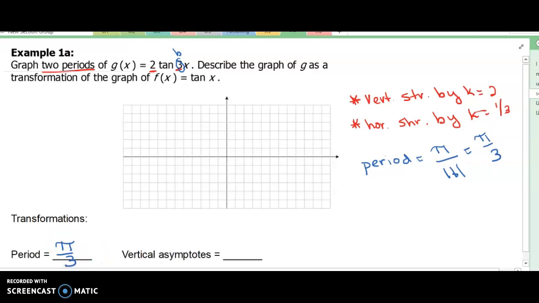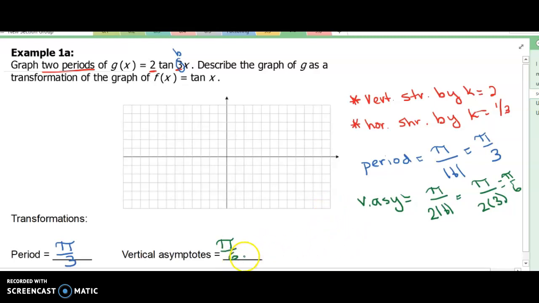Okay, so before we repeat, our period is pi over 3. Now the vertical asymptotes are pi over 2 times the absolute value of b, which is pi over 2 times 3, which is pi over 6. Okay, so this would be pi over 6.